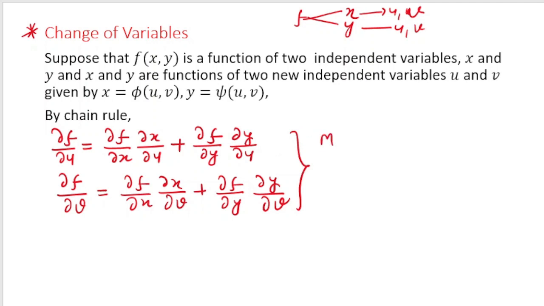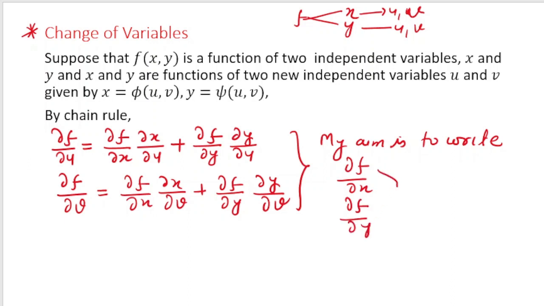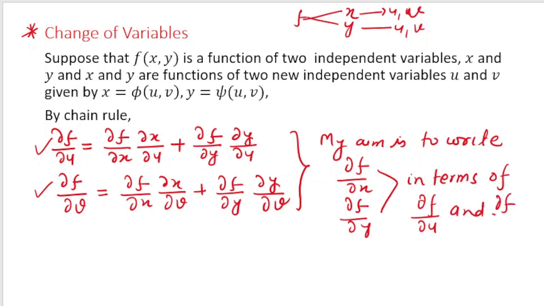My aim is to write or express del f by del x and del f by del y, both these in terms of del f by del u and del f by del v.